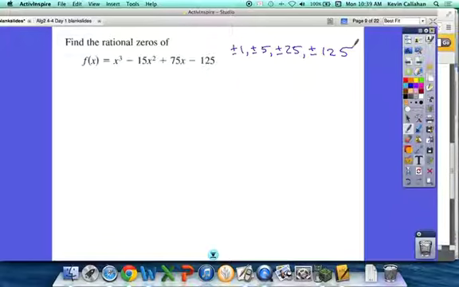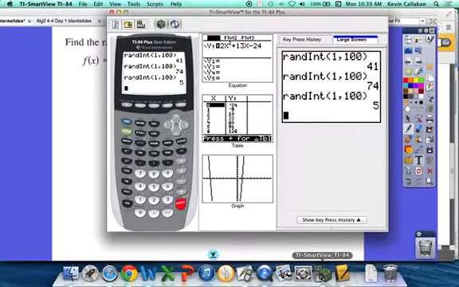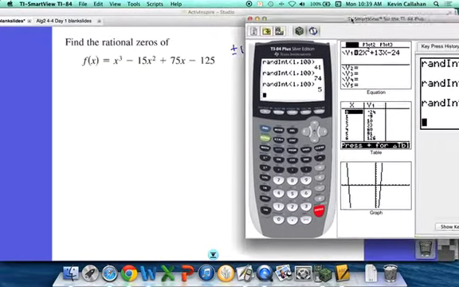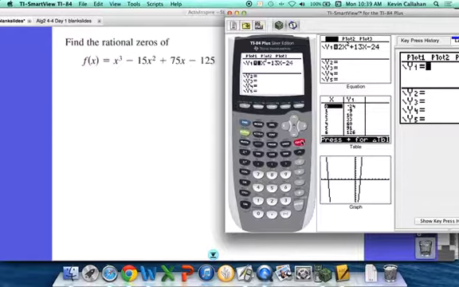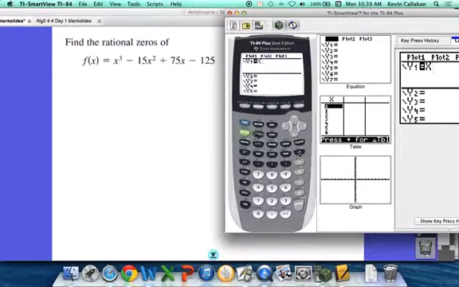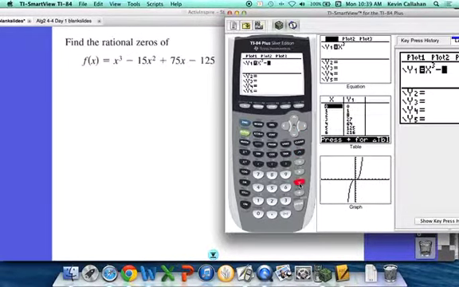So go to the calculator and put in that function, clear, and it'll be x to the third minus 15 plus 75 minus 125.